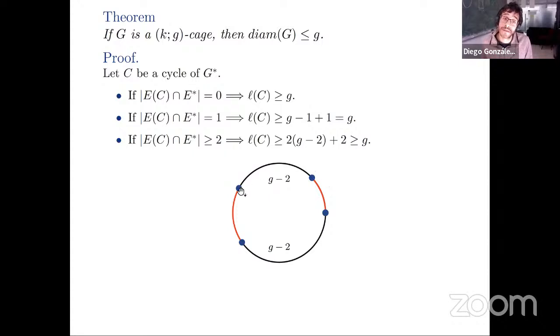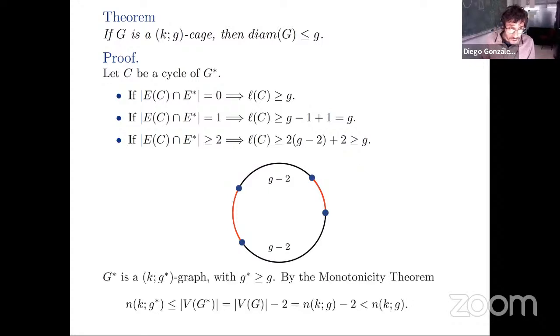Or one is a neighbor of U and the other one is a neighbor of B, so they are at distance g minus 1. So the distance between these two vertices is at least g minus 2. And the same occurs with the other two vertices. So the length of this cycle is at least 2 times (g minus 2) plus 2, which is at least g. So what we have shown is that G star is a graph of girth at least g.